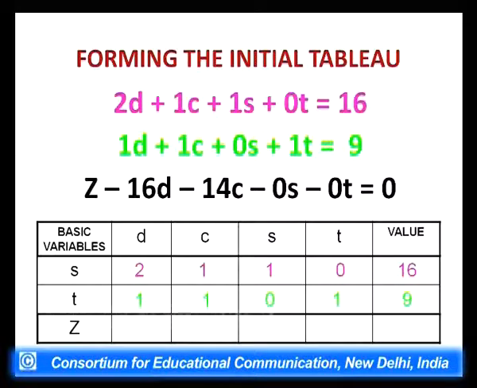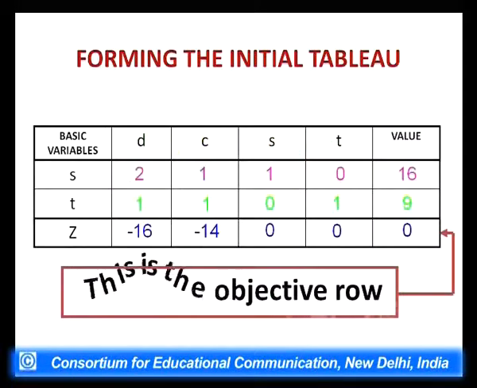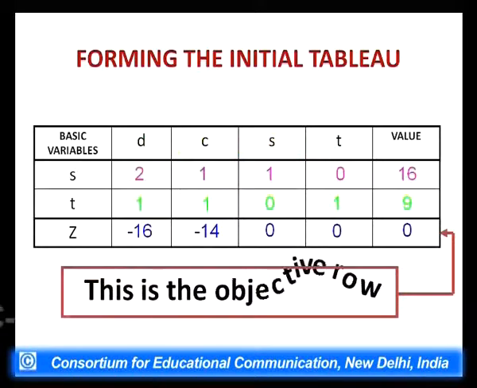Again under S 0, under T 0, and finally value is also 0. Just look at the slide and how this objective function is now written. So these are having negative coefficients. This last row is our objective row, where we want to have the final solution.